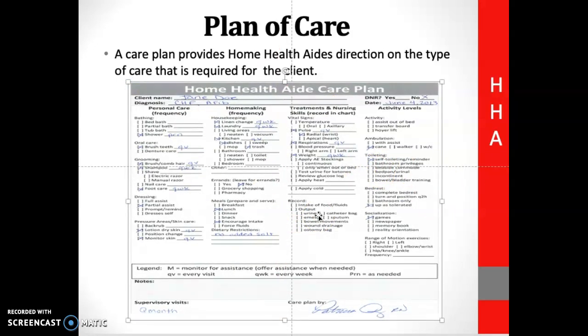A nurse will come into the home, do a head to toe physical assessment, and formulate a plan of care for the home health aide in the home. And so, as a home health aide, you will be following this plan of care. It will tell you what type of diet the patient is supposed to get, if the patient is a 1 or 2 person transfer, if the patient needs range of motion, active or passive range of motion, the frequency, and so on and so forth.